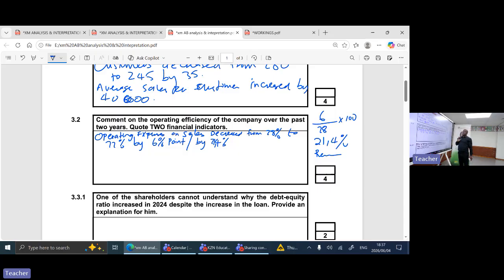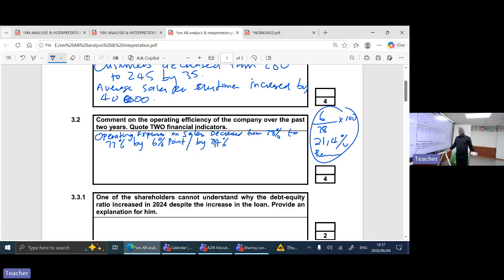So please also speak about this one when you're commenting on your indicators. The relative decrease is 21.4%, more than the 6 percentage points. But you don't have to say basis points. Just say 6 percentage points.